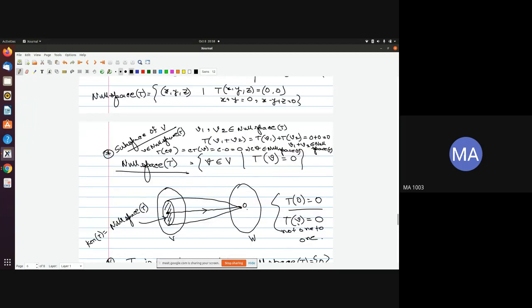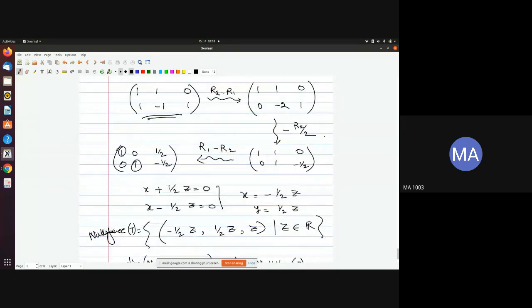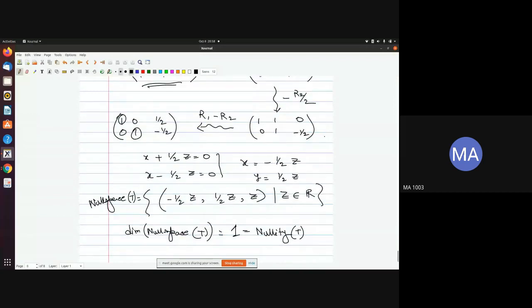But in this case, the nullity is 1, because we found the null space. There are infinitely many vectors which go to 0. If you take minus half, half, 1, that vector goes to 0. If you take minus 1, 1, 2, that vector also goes to 0. So there are infinitely many such vectors, right?